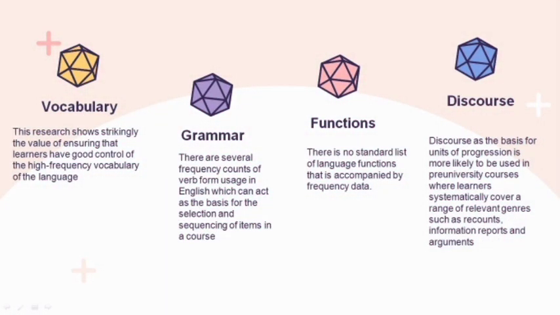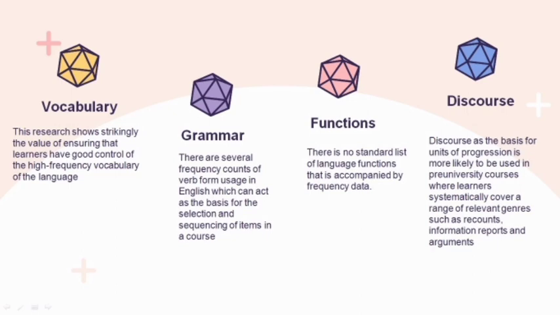The next is vocabulary, grammar, functions, and discourse. In vocabulary, the research shows strongly the value of ensuring that learners have good control of the high-frequency vocabulary of the language. In grammar, there are several frequency counts of verb forms and usage in English which can act as the basis for the selection and sequencing of items in a course.